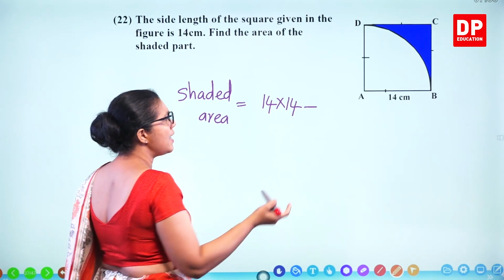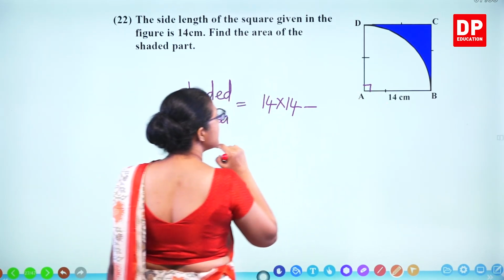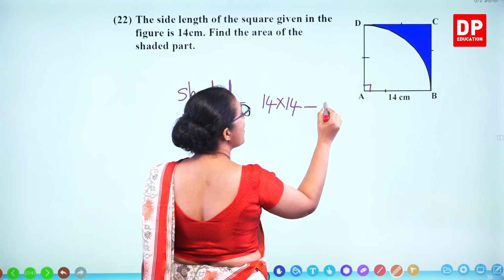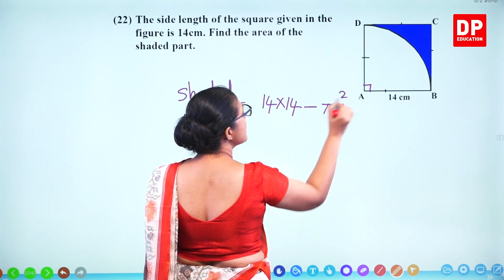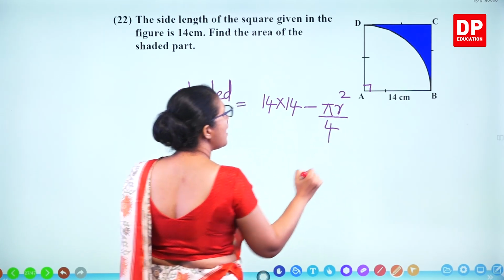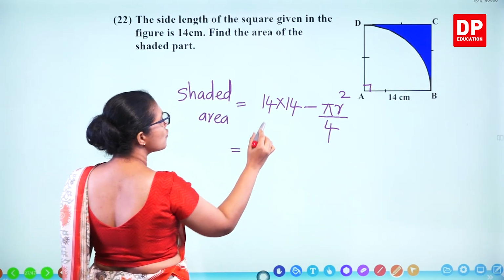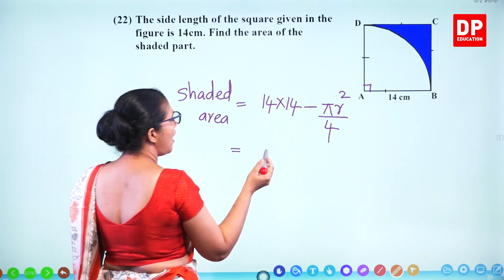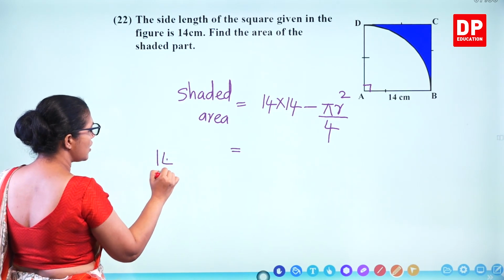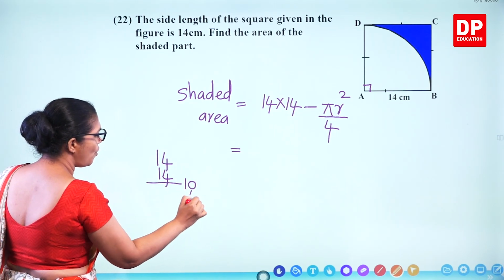So you have to divide by 4. This is 90 degrees. So pi r squared is full circle and divide by 4. So 14 times 14, 196. Check it. 10 and 4.